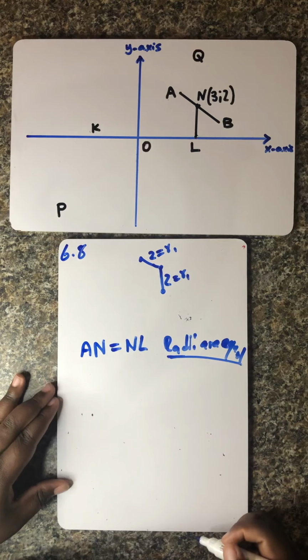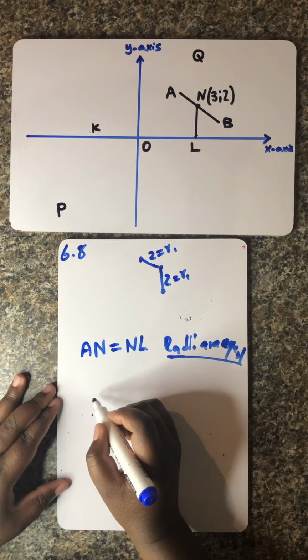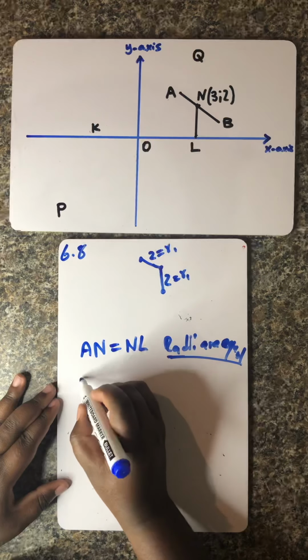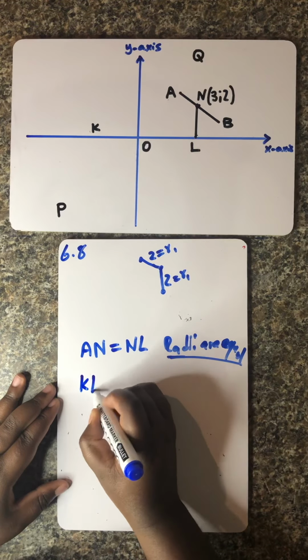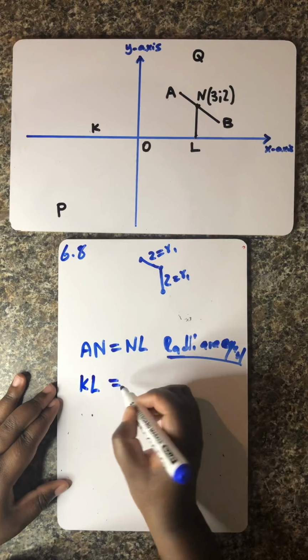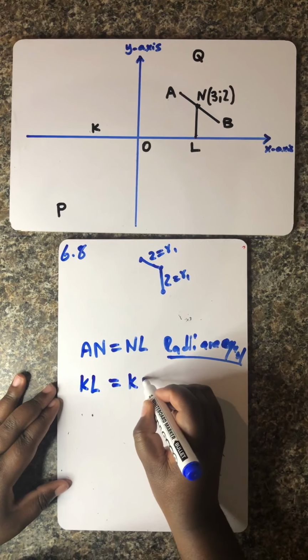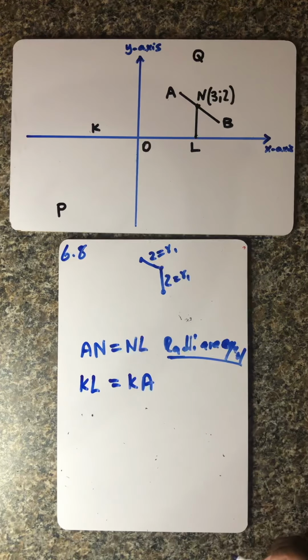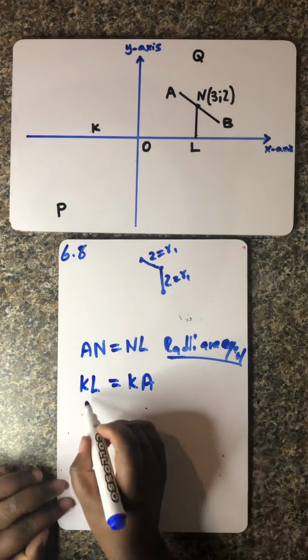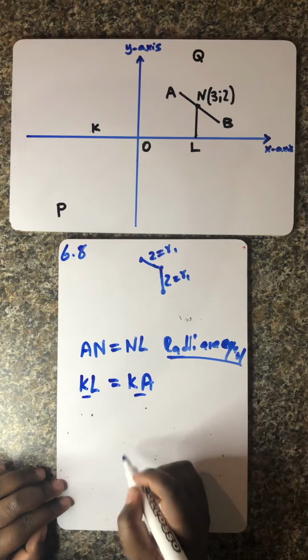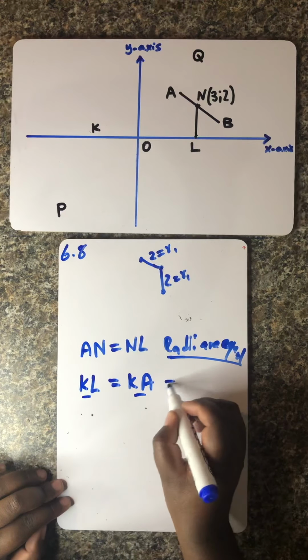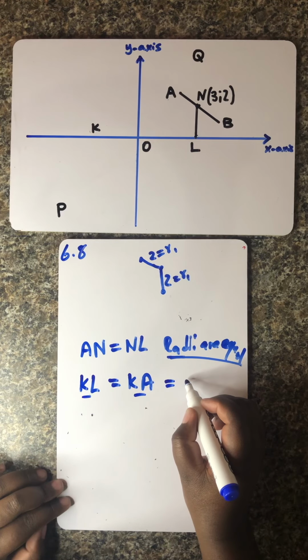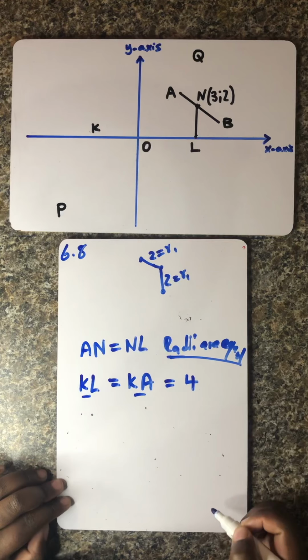I'm not sure if you remember, guys. I think we just calculated the length of KL, which was equals to the length of KA. From what I remember, KL was equals to KA, which was equals to 4, if my memory serves me well.